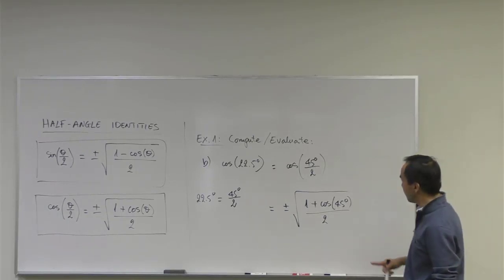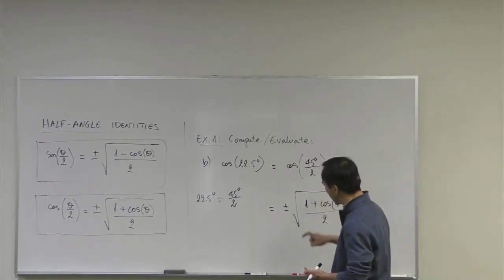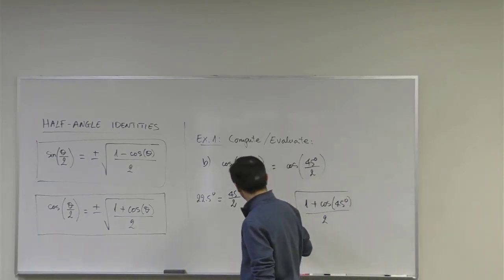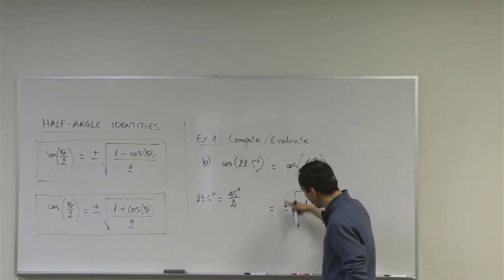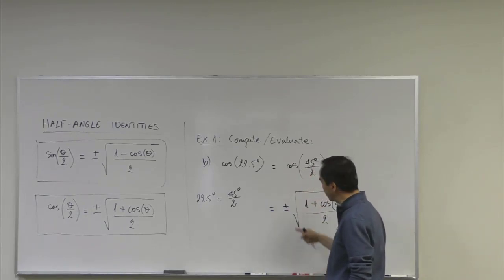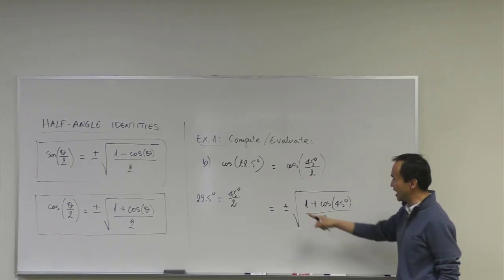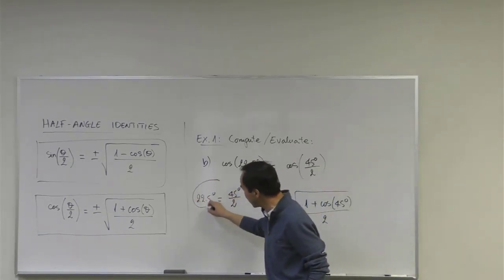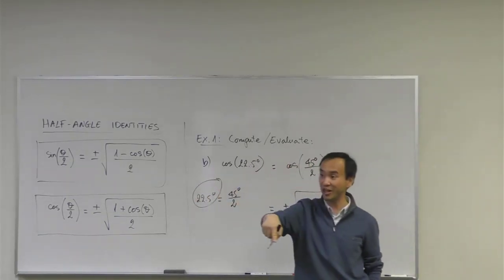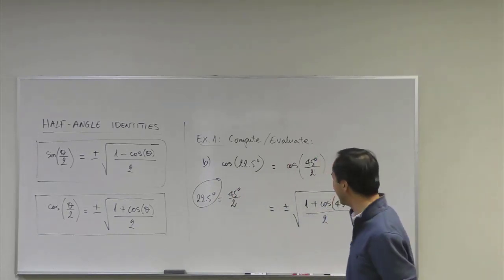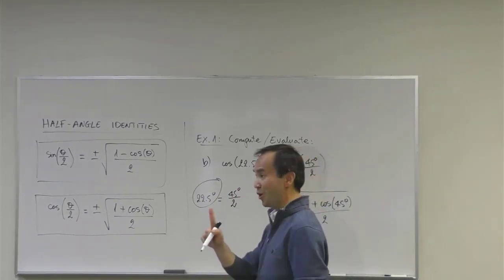Before I proceed into any further calculation, think about it. We cannot have two answers, so we need to decide which one is the proper answer for our case. That means we have to look at our own angle and decide the quadrant information. 22.5, which quadrant is it in? It's in quadrant 1, right?